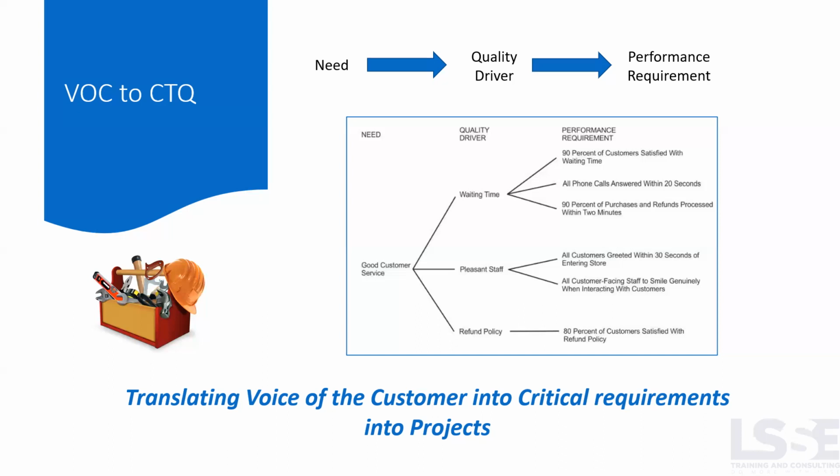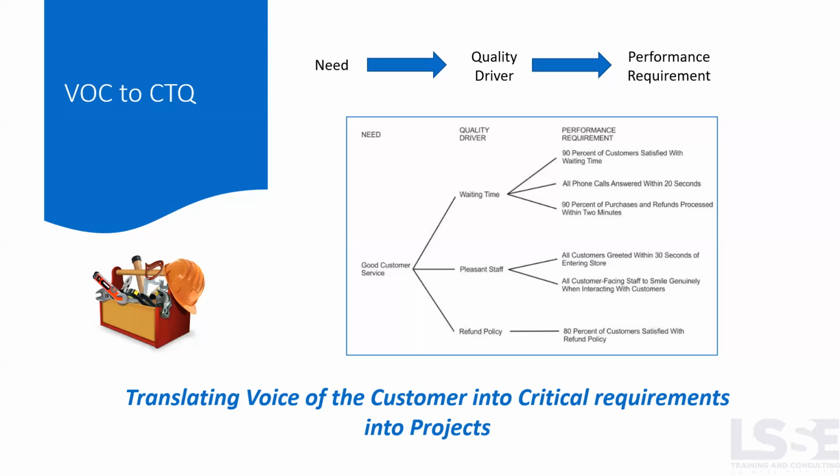Pleasant staff. So an example of a performance requirement for a pleasant staff might be all customers are greeted within 30 seconds of entering the store, or all customer-facing staff smile genuinely when interacting with customers. So these are performance requirements for this quality driver called having a pleasant staff.